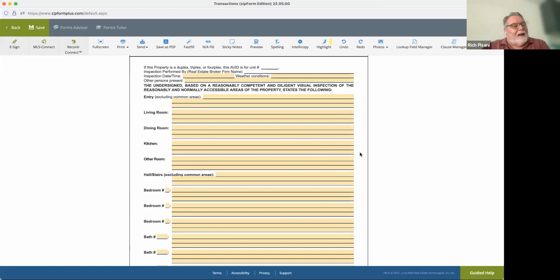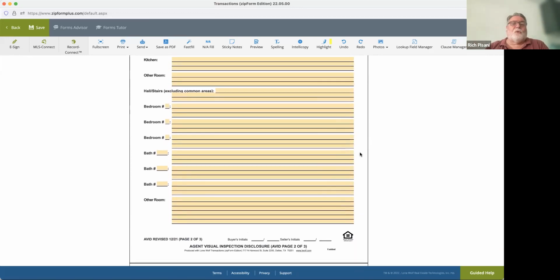Anyways, I'm hearing a helicopter over my head. So if that happens while you're doing an AVID, you notate that. If there is a certain smell, you can't identify the smell. Just say there is an odor in whatever room that you smell an odor. I mean, just point everything out.